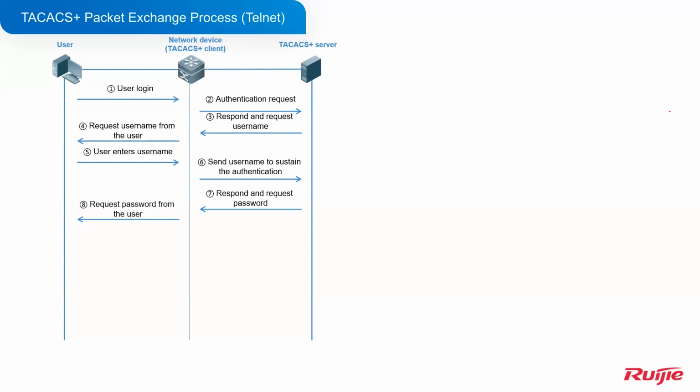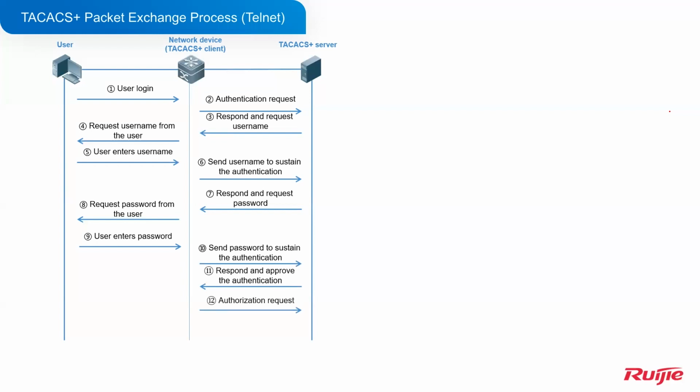So you can see the user will receive a message, which is a password request. Okay, so I will enter the password and send the password to continue the authentication. After receiving the password, TACACS Plus can verify if this password is correct or not. So it will respond and approve the authentication if the password is correct.